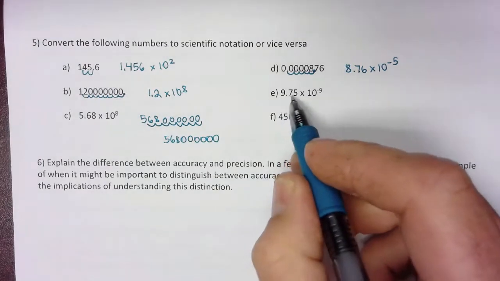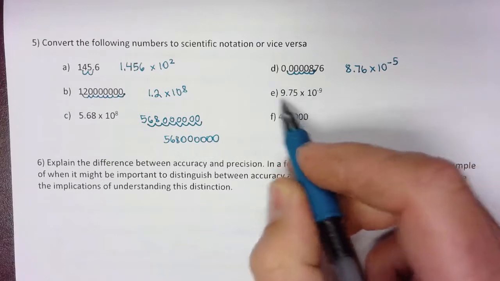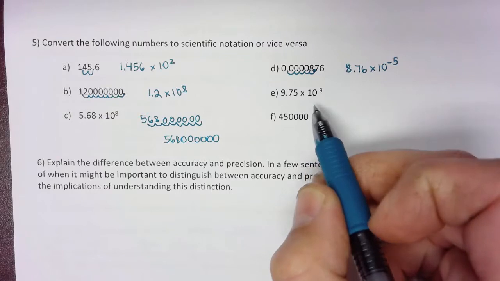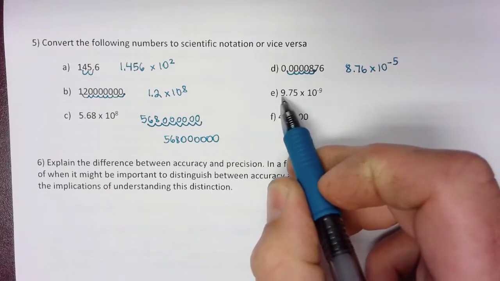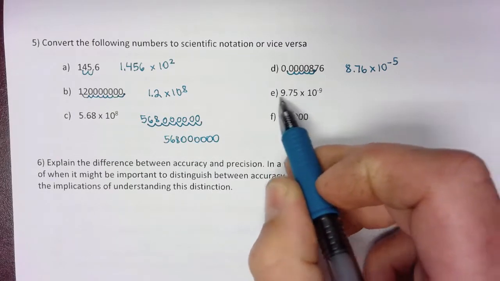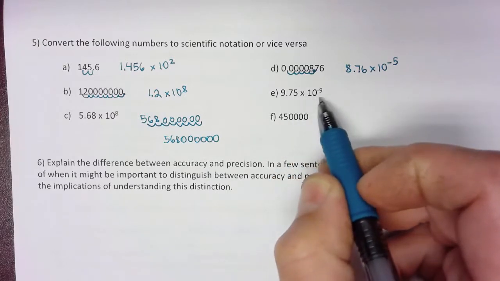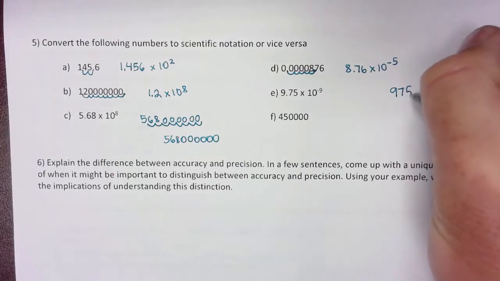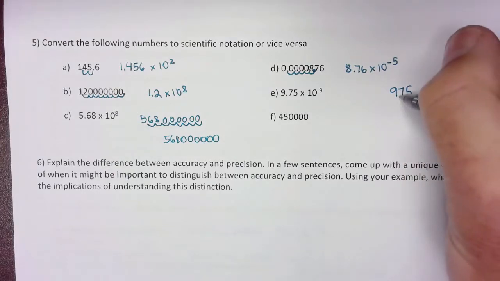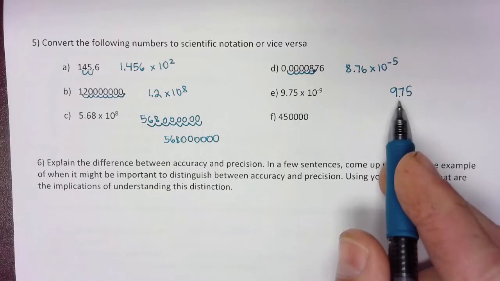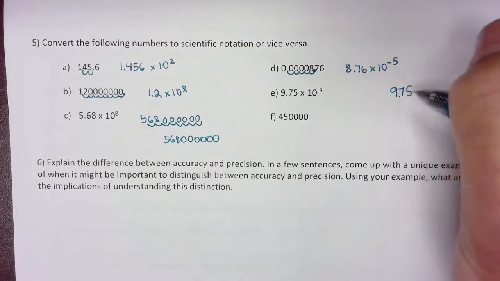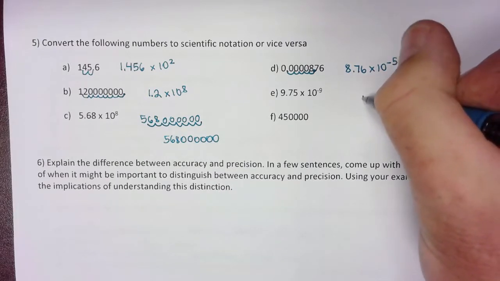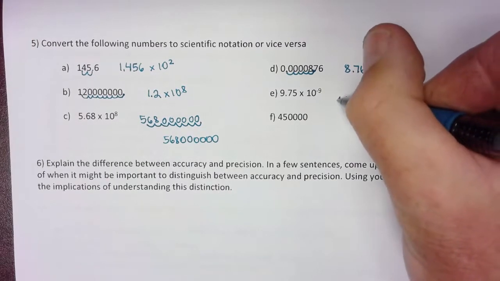All right, E, going the other way, where we have scientific notation, going to convert it into regular numerical notation. So 9.75 times 10 to the negative 9. So I'm going to go ahead and write out my 975 here. And my decimal is right there, I need to move it 9 spots to the left. 1, 2, 3, 4, 5, 6, 7, 8, 9.